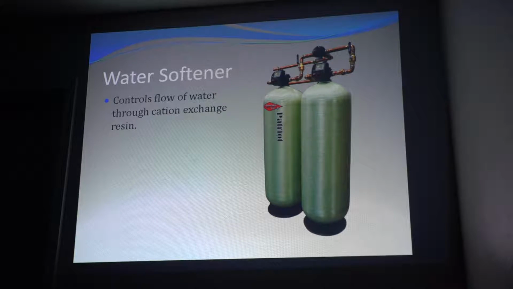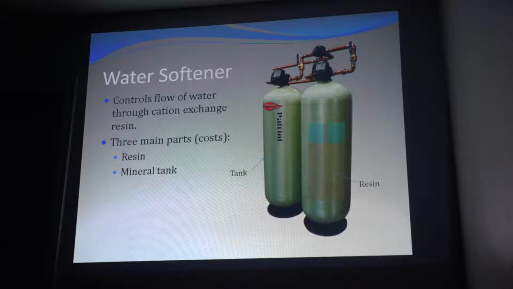A water softener controls the flow through cation exchange resin. There's really three main parts, which are the main costs to building a system. And you see we highlighted the first is the resin.